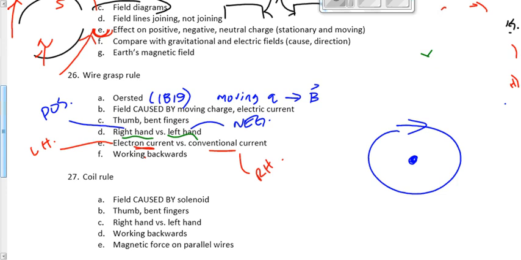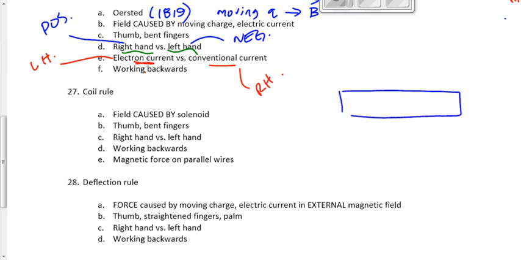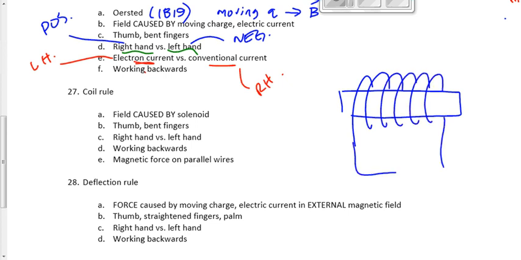And then the coil rule. We got something like this. This is the negative side of our battery, so it means the electrons are going to go up this way, up in the back, down in the front.